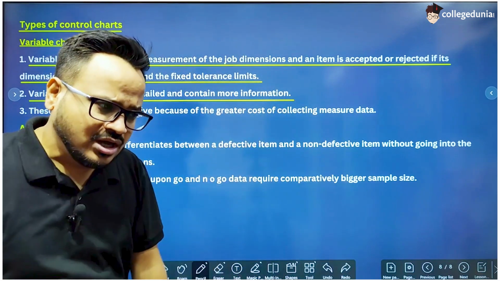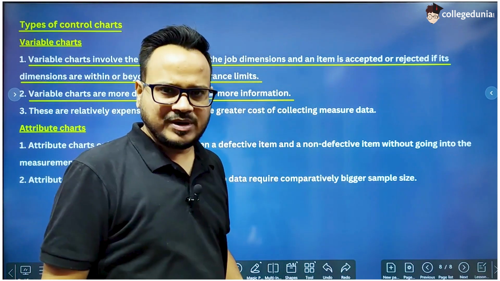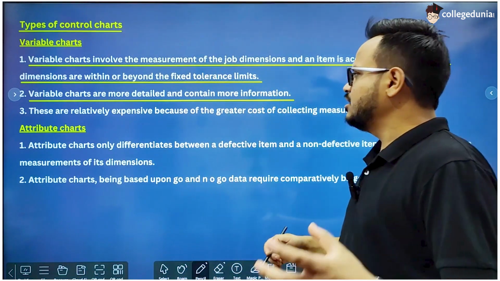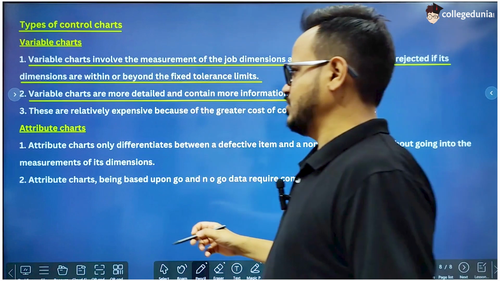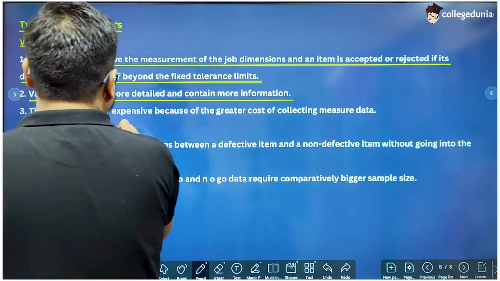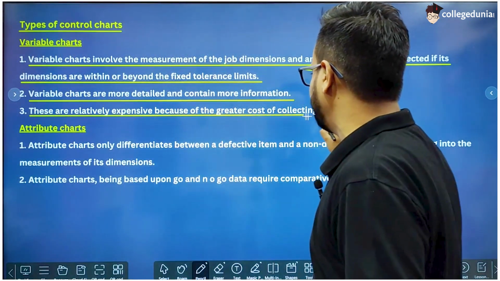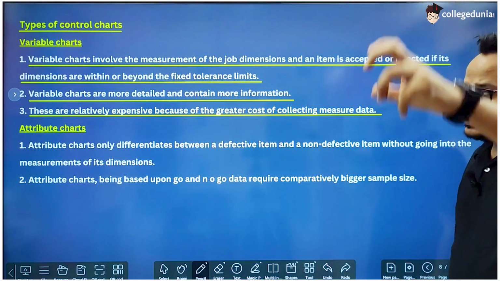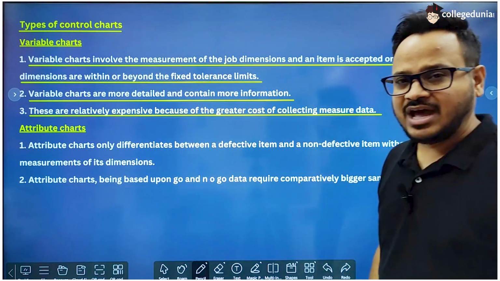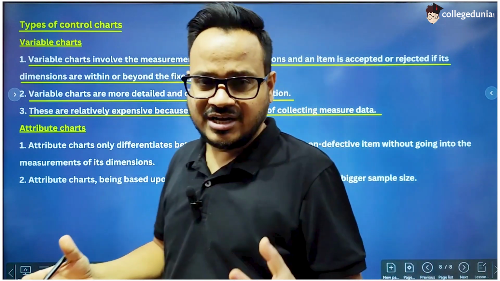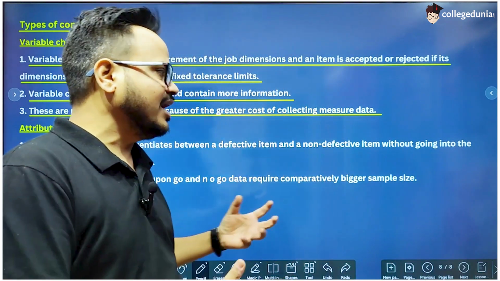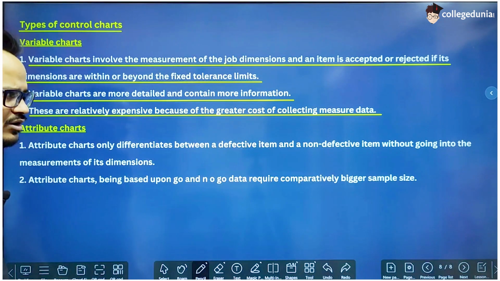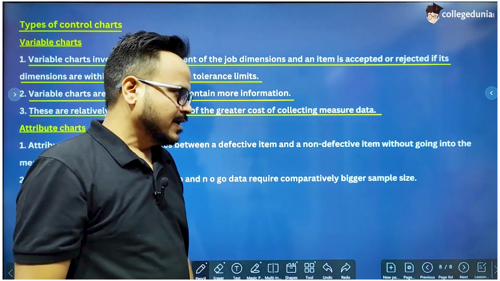Obviously, if we are using that many variables to make the chart, these are very detailed and very informative charts. But these charts are relatively expensive because of the greater cost of collecting measured data. Because we have to collect so many values, a large amount of data, these charts are relatively expensive as compared to the other types of charts that we are going to discuss shortly, right?